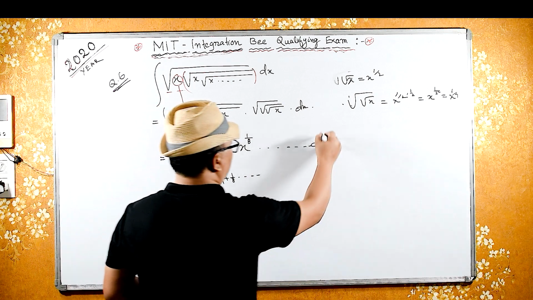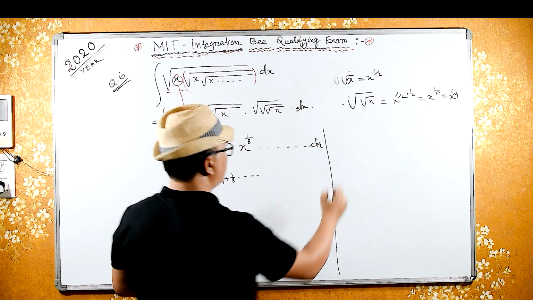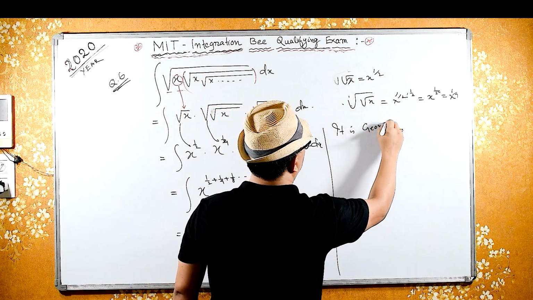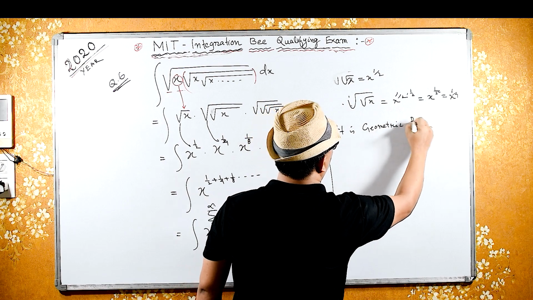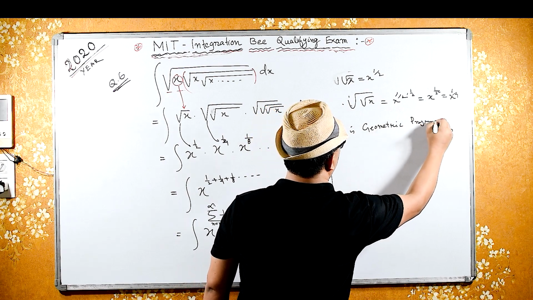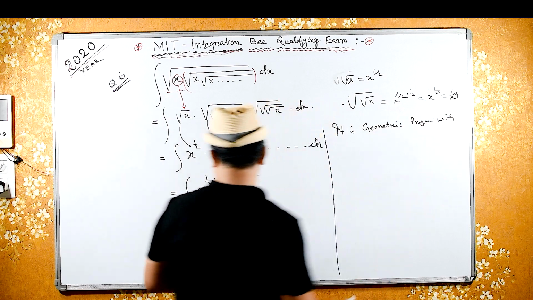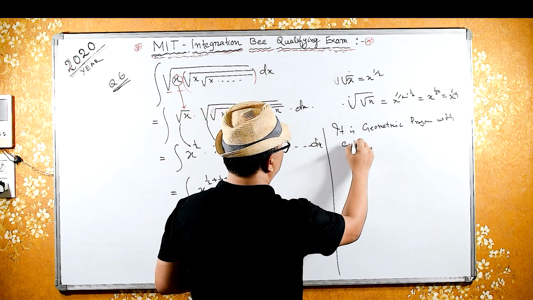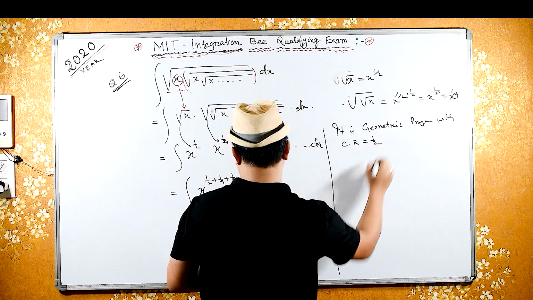Now this is a geometric progression, with common ratio equal to 1 by 2.